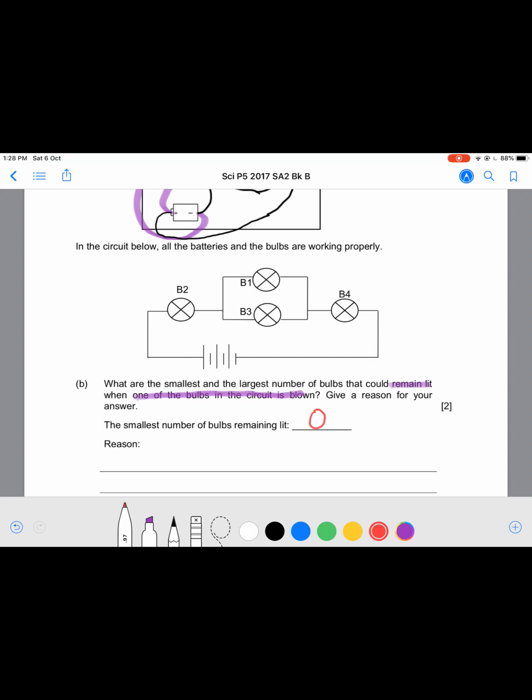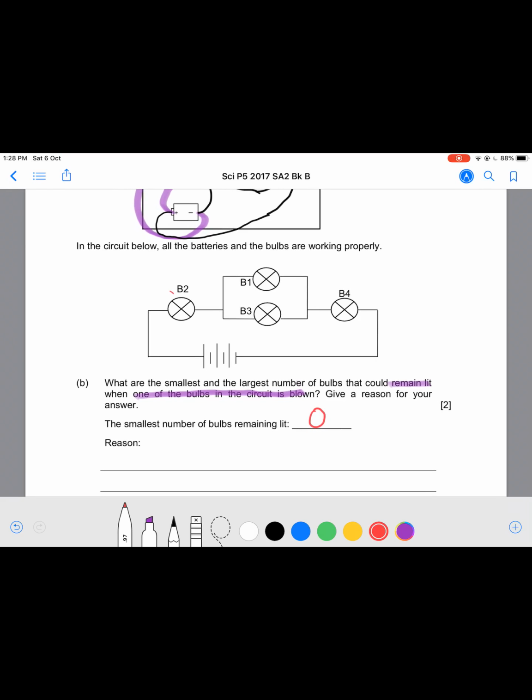Why so? Because if you look at the picture, so long as I just blow up B2 or B4, the whole thing is no longer going to light up. Alright, so the smallest number that will be lit up once I blow off B2 or B4, nothing will light up anymore. It will be 0 bulbs remaining lit.